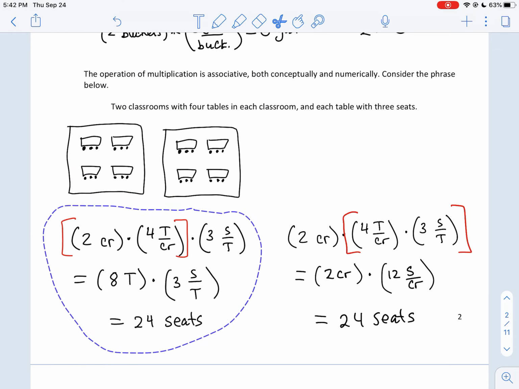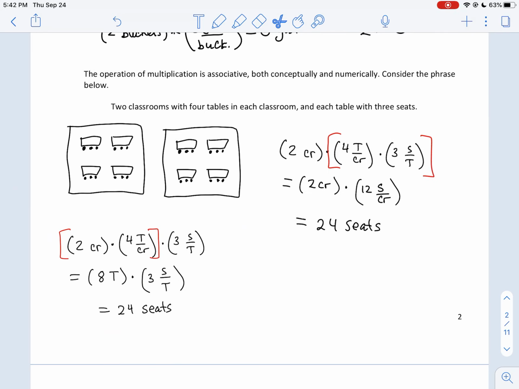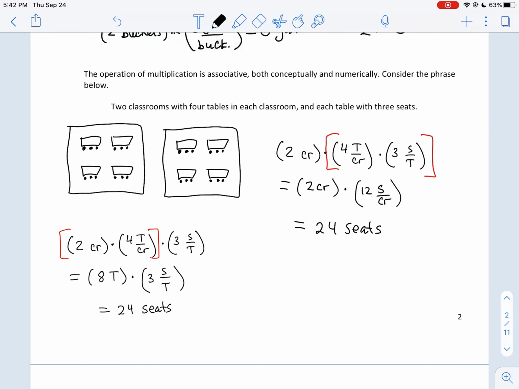Let me shrink this down a little bit, and this as well. The conclusion is that with multiplication, if you have 3 things being multiplied in general, and this is numerically and conceptually, you can do the first 2, A times B, and then times C, or you can do A after you do B times C. So do B times C, get a result, and then do A times that result, and you get the same result.